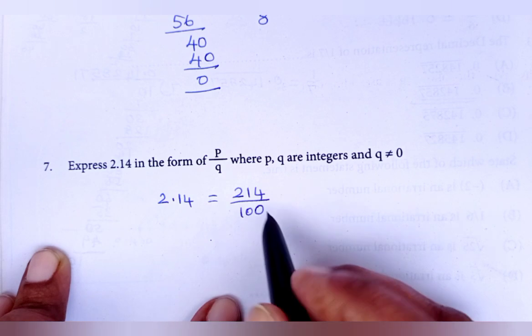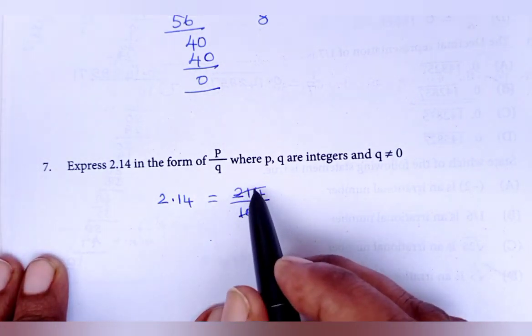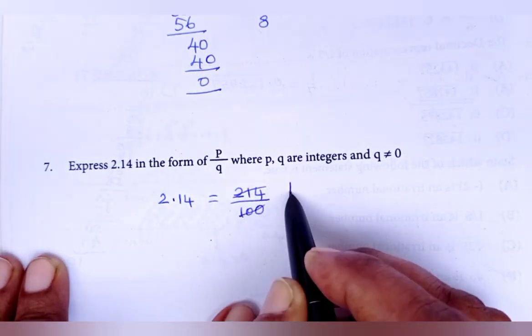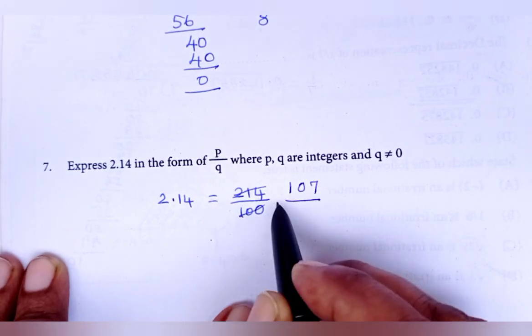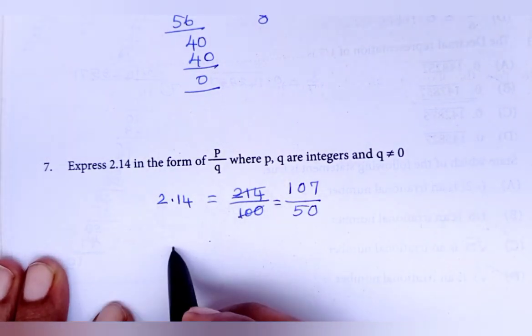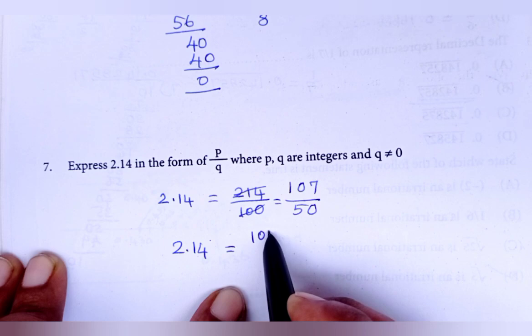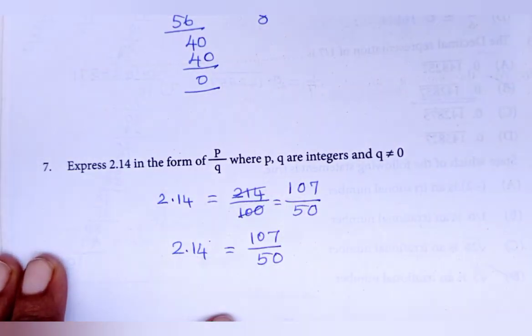We can divide the numerator and denominator by 2 since these two are even numbers. So dividing the numerator by 2, we get 107, and the denominator 2 5s are 10 and the 0 again. So 2.14 can be written as 107 by 50 which is in this p by q form.